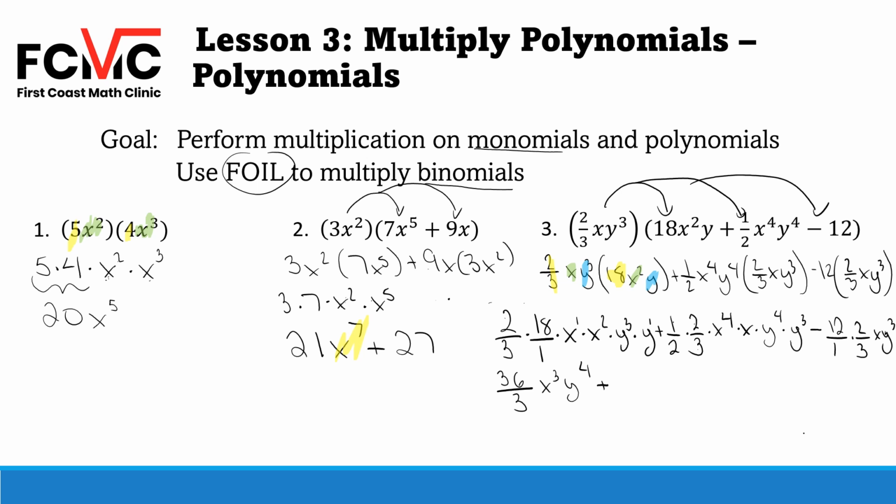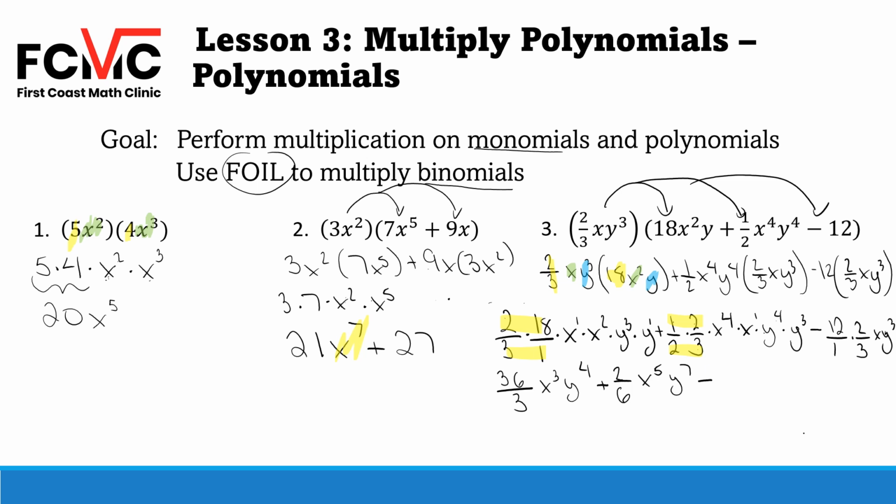When I multiply these fractions, I'm just multiplying straight across. I'll get 2/6 x to the fourth times x to the first. I'm adding my exponent. It's going to give me x to the fifth. y to the fourth times y to the third is going to give me y to the seventh.